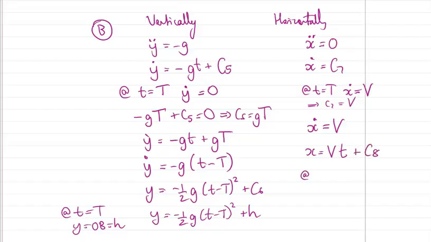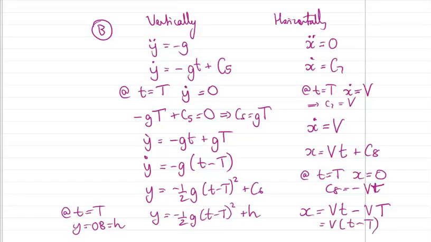I know that at t equals T, the displacement is 0. So it must be the case that C8 equals negative VT. So I've now got my final equation, x equals Vt minus VT. If I want to pull out my V, it's V times (t minus T).